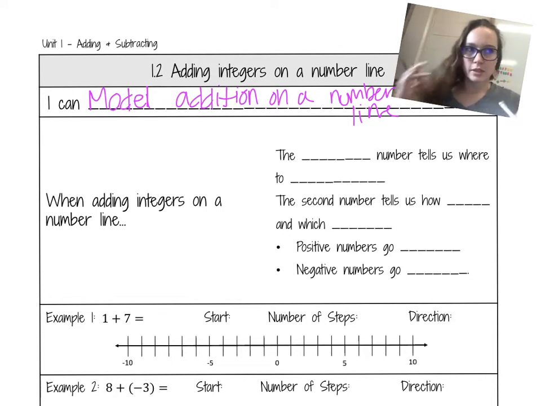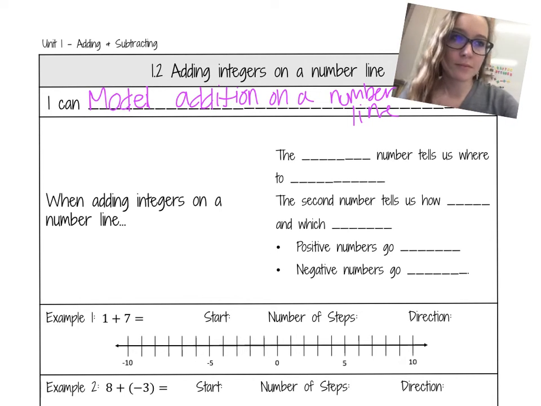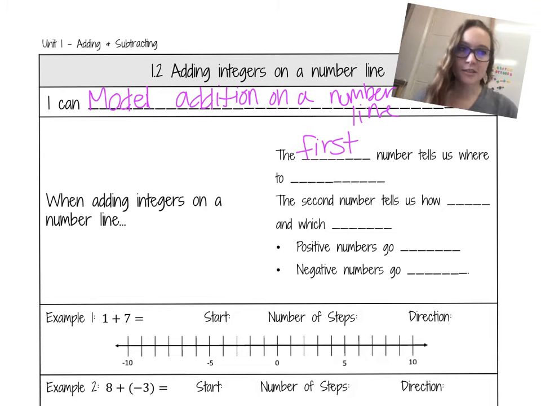Okay, so let's start. When adding integers or anything on a number line, we need to break down the problem first, right? So the first number tells us where to start. So where are we starting on the number line?